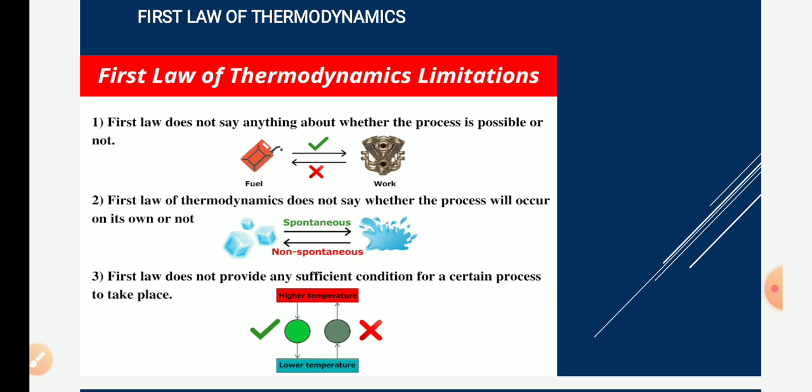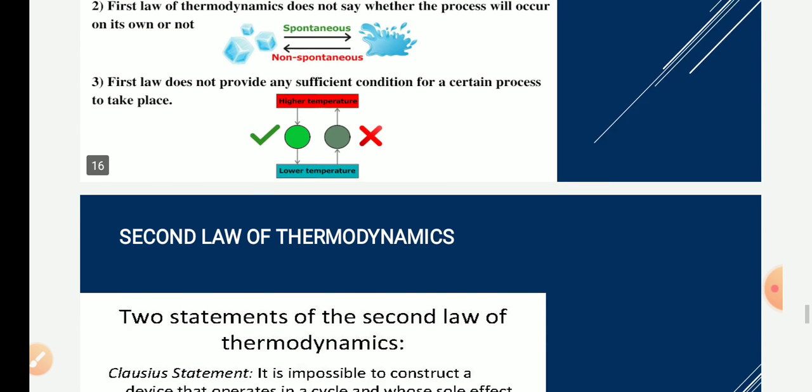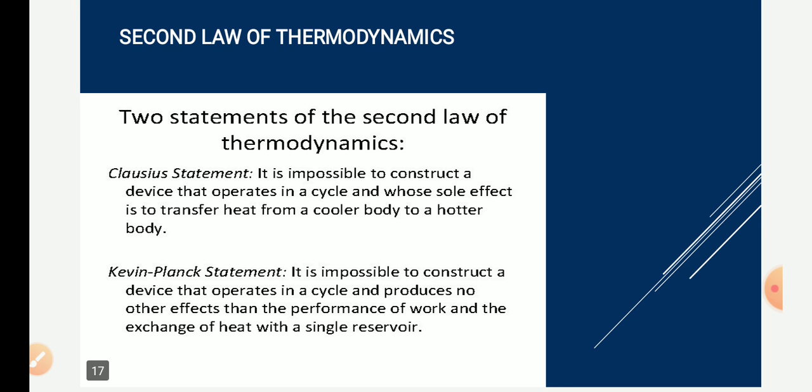So to rectify these drawbacks or limitations, the second law of thermodynamics came into the picture. What is the second law of thermodynamics? The second law has two statements, given by the great scientists Clausius and Kelvin-Planck, named the Clausius statement and the Kelvin-Planck statement.